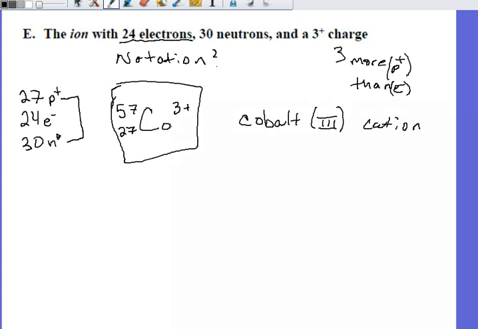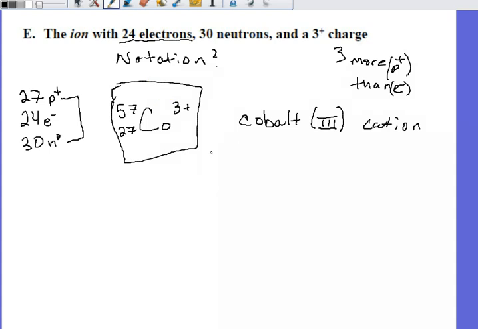Sometimes cobalt, being in that transition metal group, can lose a different number of electrons than 3, and you have a different charge on your cobalt ion. But it's still cobalt. The protons stay the same. If you change the number of protons, well, you have a different element. So that's what happens in nuclear decay.